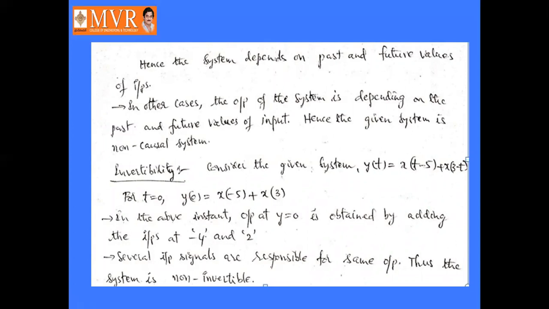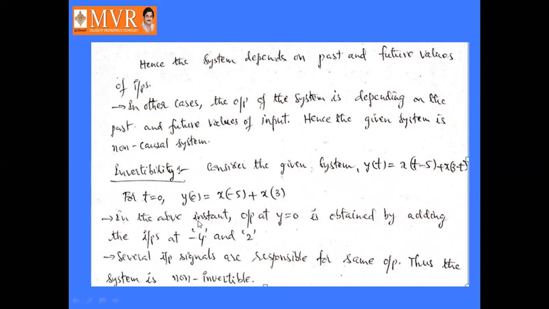And the third condition is invertibility. Consider the given system y of t equal to x of t minus 5 plus x of 3 minus t. For t equal to 0, as we already substituted, y of 0 is equal to x of minus 5 plus x of 3, right?